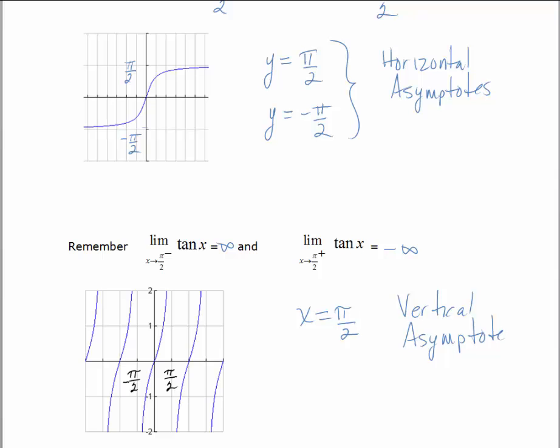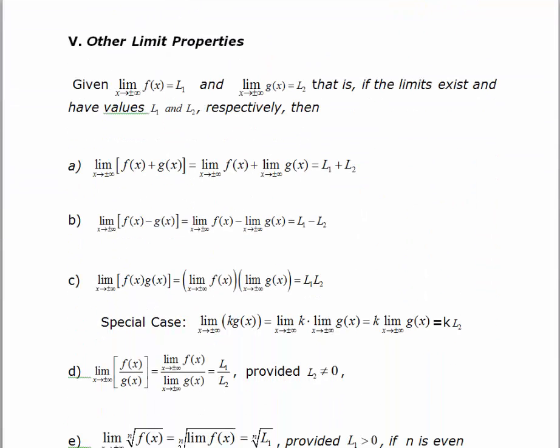So let's look at some of the properties. The properties of limits that we looked at as x approached some finite number still hold true as x approaches positive infinity and negative infinity. And so I'm just going to briefly go over these. You can keep these as a reference.